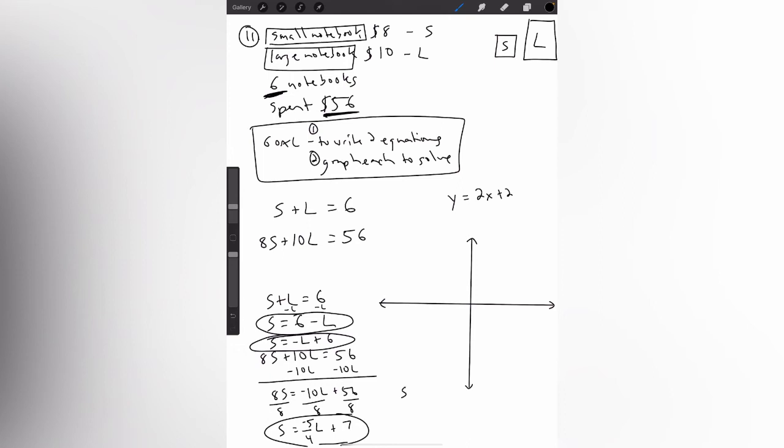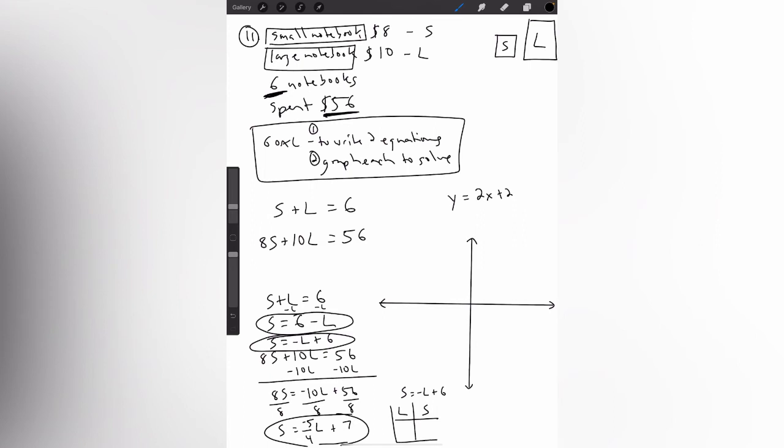If I say s is equal to negative l plus 6, I'll just create an l and an s here, as in my x and y, right? Just like my s is my y, I can say s and l.